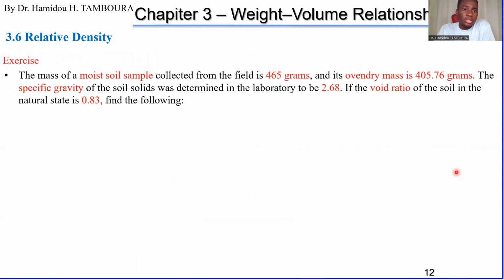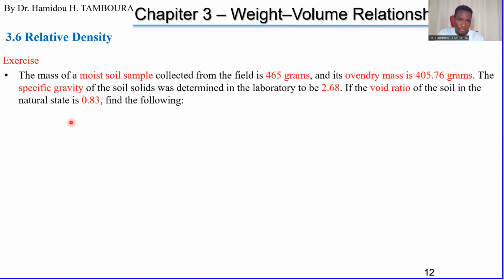So just a small exercise before we finish this part, this section 6 of this chapter. The mass, sorry, of moist soil sample collected from the field is 465 grams, and after oven drying the soil, the mass is 405.76 grams.